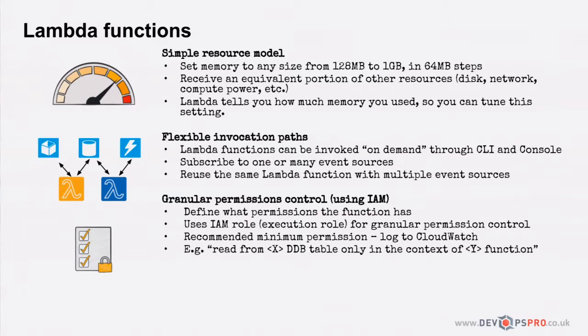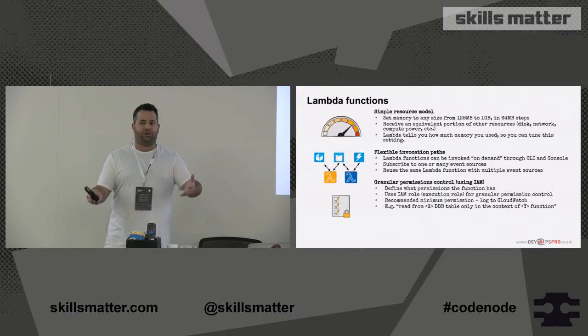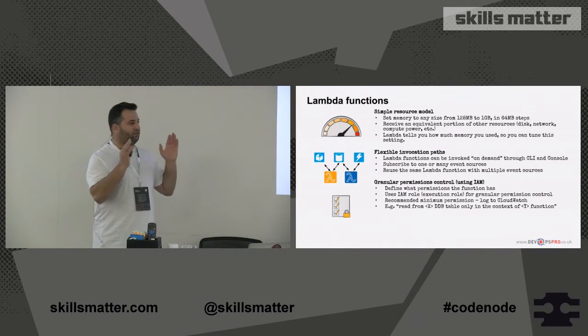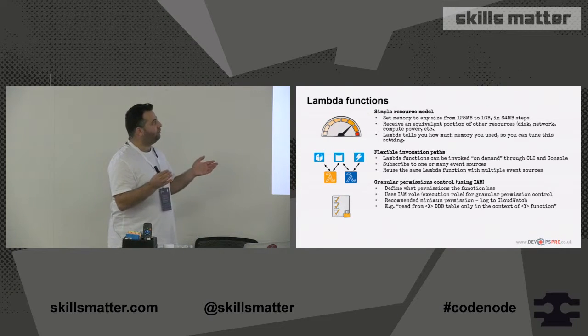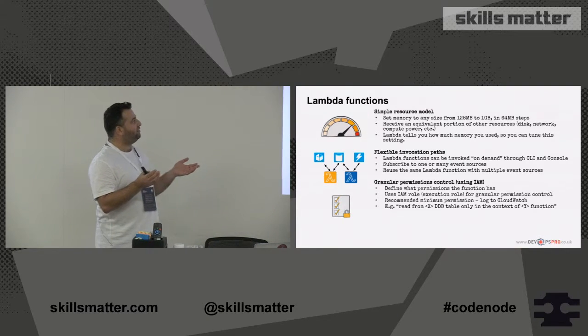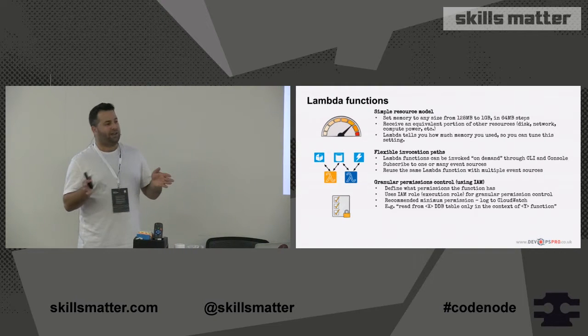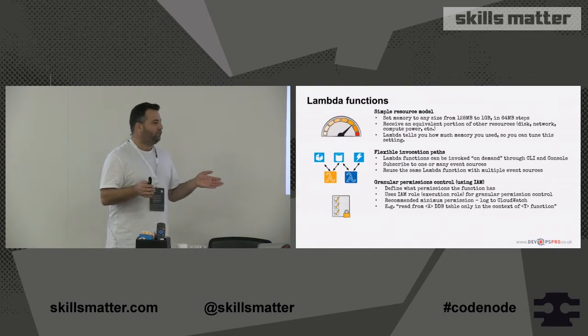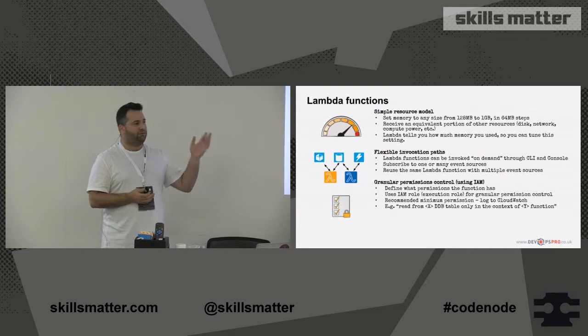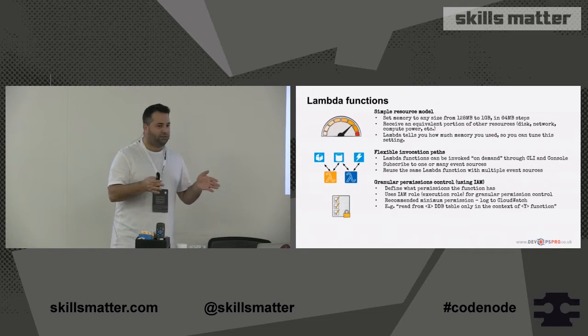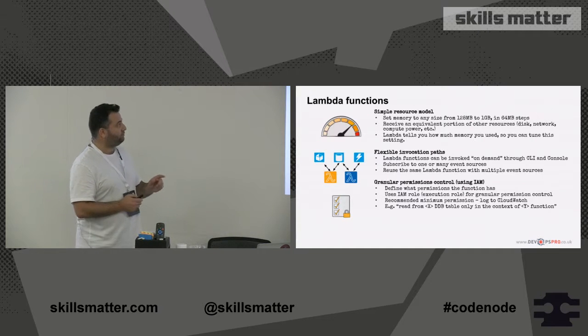So Lambda is a very simple service, as I described, and there's a pricing model. Basically, every function that you create, you should give it a limit of memory, and a time limit, because usually you don't want the function to run forever. After that time limit, the function just stops, the process is killed.